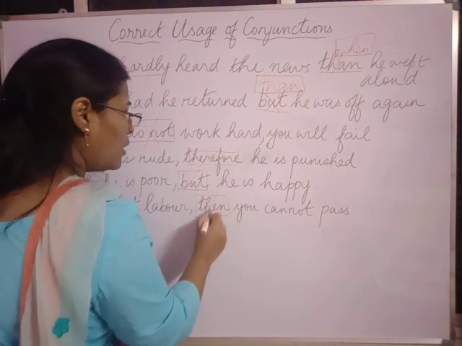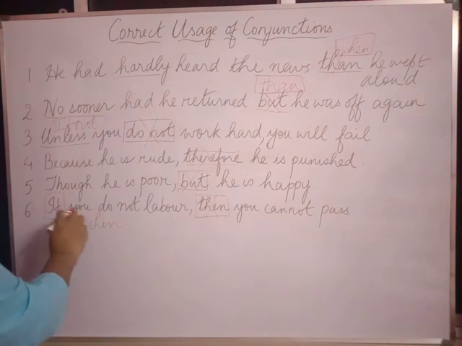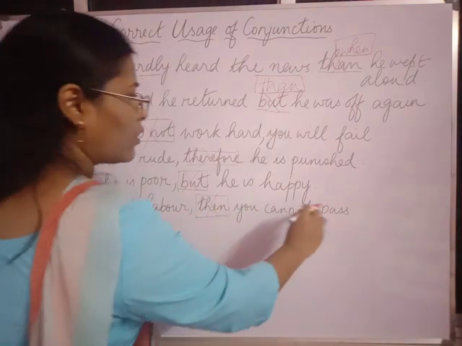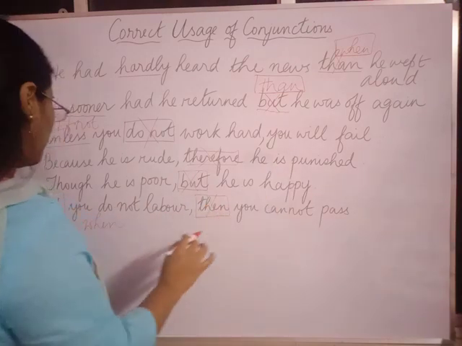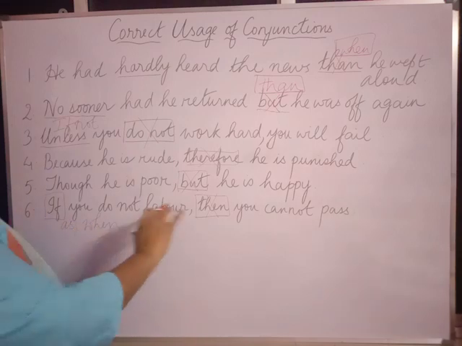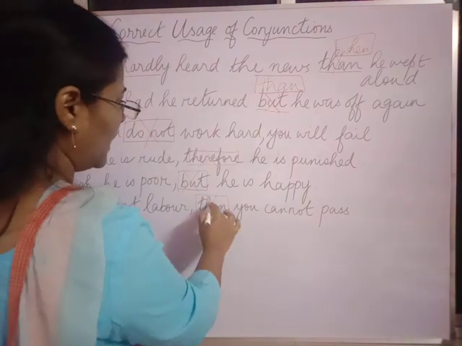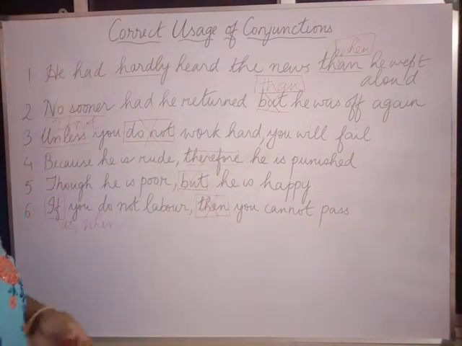There is no use of using "then." Okay. So just, "If you do not labor, you cannot pass." "As you do not labor, you cannot pass." So with "if," "as," "when," do not use "then." So "then" is cancelled. Okay. Just write down these examples.